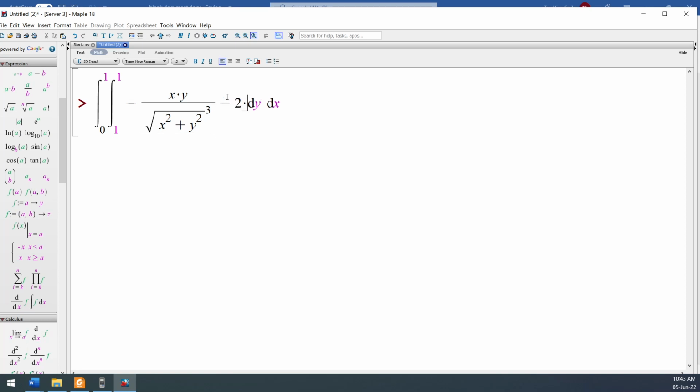Minus 2 times x times y. The limits are x from 0 to 1, y from 1 to 2.